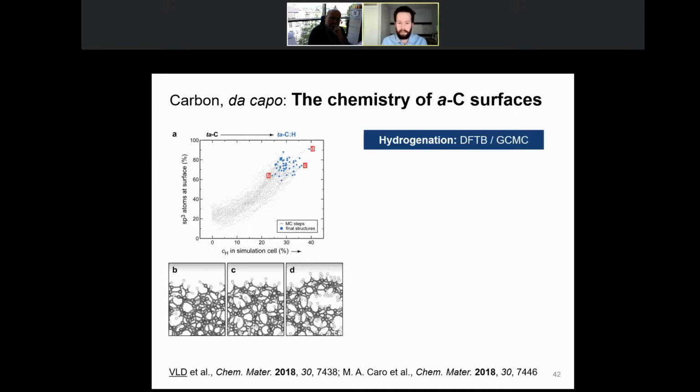So here's an example. This is something that was done together with Lars Pastewka and Richard Jana in Germany. So they've put progressively more hydrogen into these slabs using tight binding and grand canonical Monte Carlo. And we're basically tracing, as we add more and more hydrogen to the systems, how the sp3 count in the surfaces goes up, because the hydrogens are saturating the under-coordinated environments.